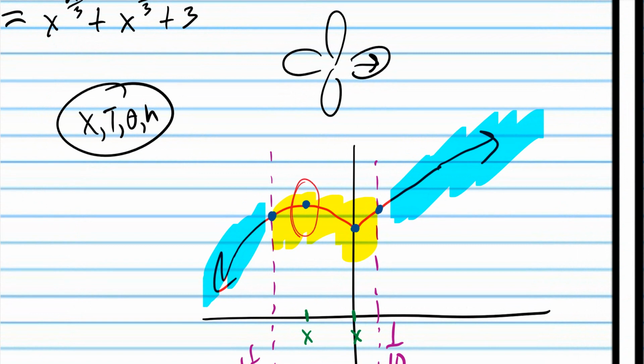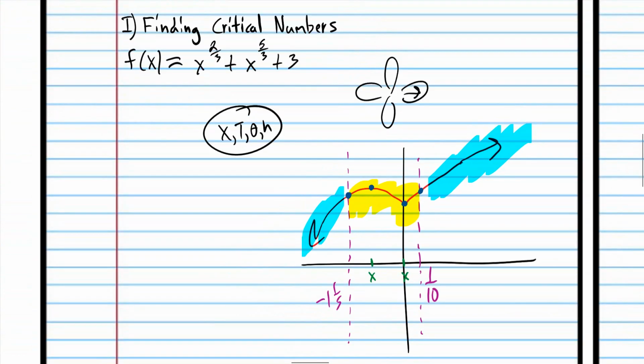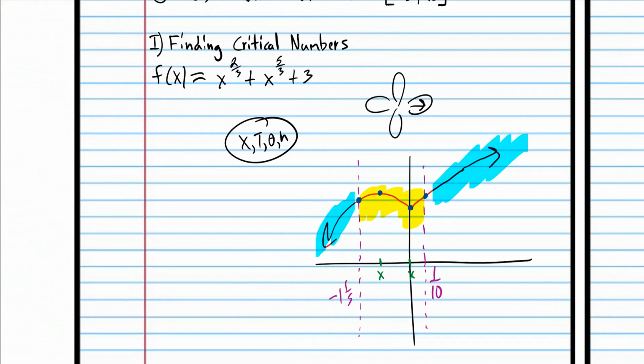Well, it seems like it's going to be this point. I don't know for sure. My graph is not completely accurate. And what is the point that has the smallest y value? Well, it seems like it's going to be this one, but I may not have drawn my graph properly. It might be this one. So we're going to use calculus to figure it out.